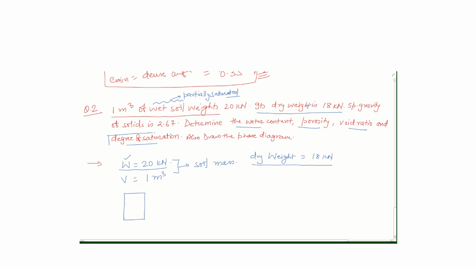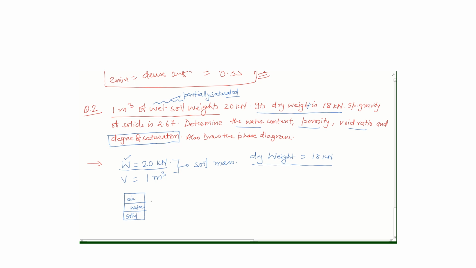When we get the degree of saturation, we actually comment upon the state of the soil. Right now I am assuming that wet soil is partially saturated, means we have solid, we have water, and we have air.